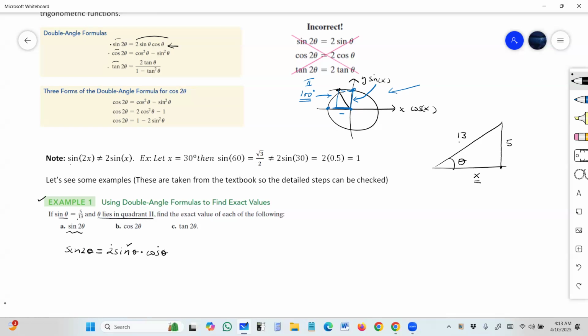Well, obviously, we can use the Pythagorean theorem, which is 13 squared, 5 squared, and x squared. So 13 squared, 169, equals x squared plus 25. So subtract 25 from both sides, and I have that 144 is x squared.